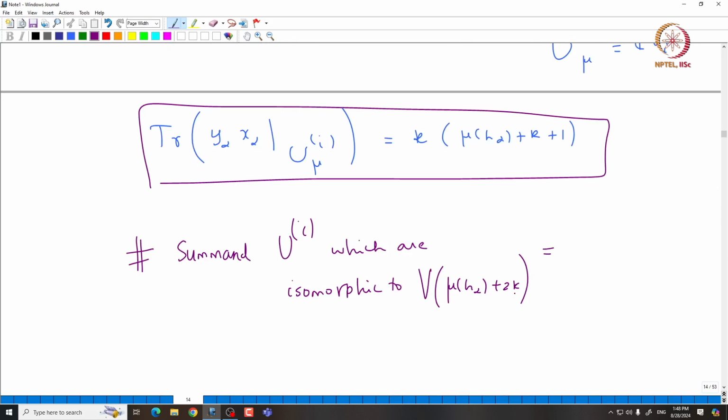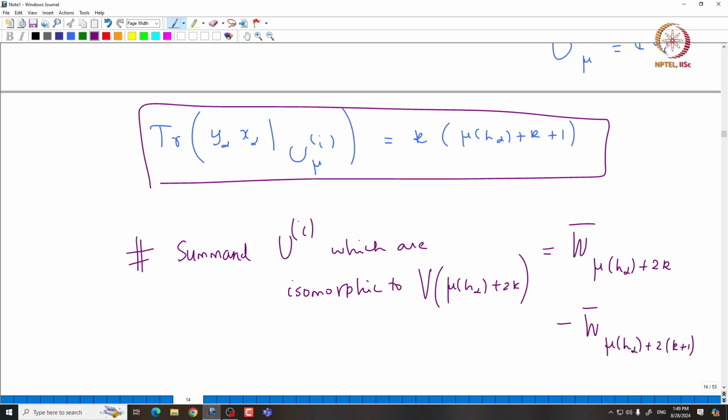So, this can be calculated using the multiplicity of mu of h alpha plus 2k and the multiplicity of mu of h alpha plus 2k plus 1. So, that is going to be exactly, you look at the W bar and look at the multiplicity of mu of h alpha plus 2k and then you subtract from this the multiplicity of W bar mu of h alpha plus 2 times k plus 1.